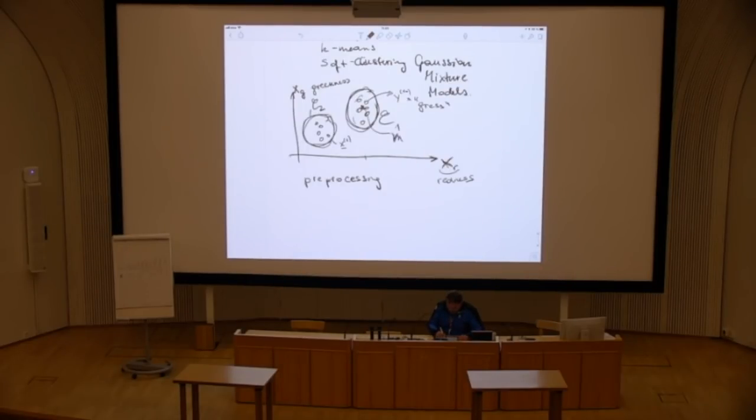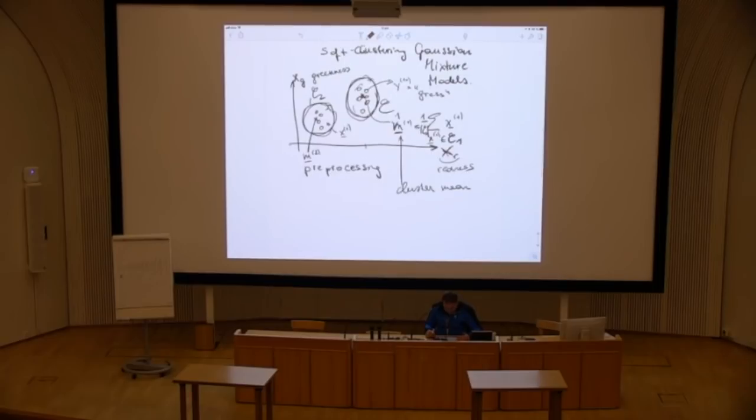So let's call this M, which is the mean of all the feature vectors of the data points that belong to this cluster, cluster 1. And then we divide by the size of the cluster, the number of elements in the cluster. So this is called the cluster mean. And then we do the same for cluster 2. So we compute the cluster mean M2. So we can represent the whole data set using two vectors, two cluster means.